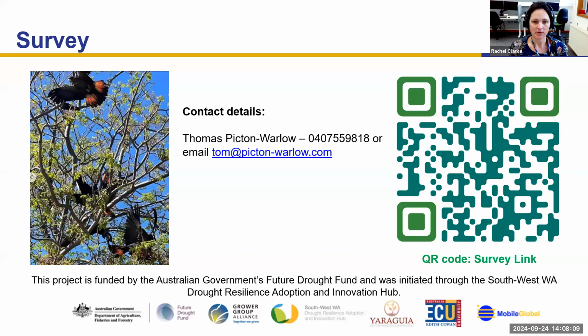So as I said, Tom Picton-Warlow from Mobile Global is our knowledge topic presenter. Tom's the project manager for a research project being run through the University of Western Australia on exploring the potential for combining natural capital and agricultural production landscapes into an equity investment type. The project is aiming to establish a baseline understanding of attitudes towards productive natural capital and nature as assets.